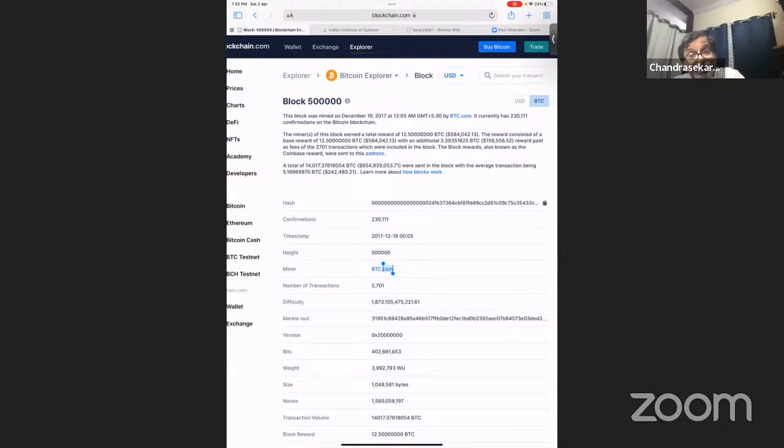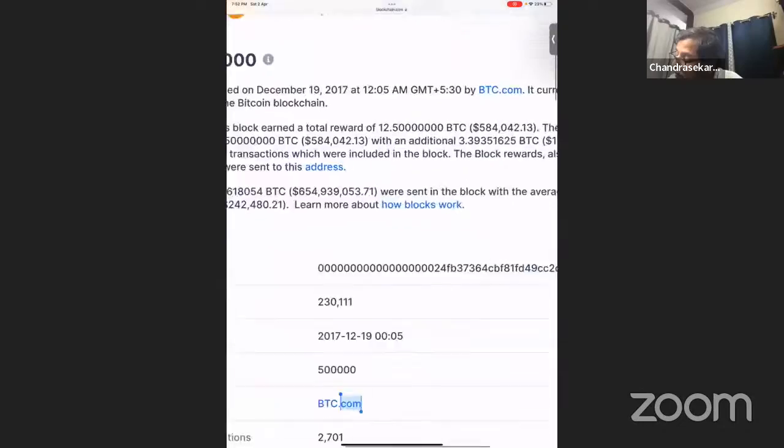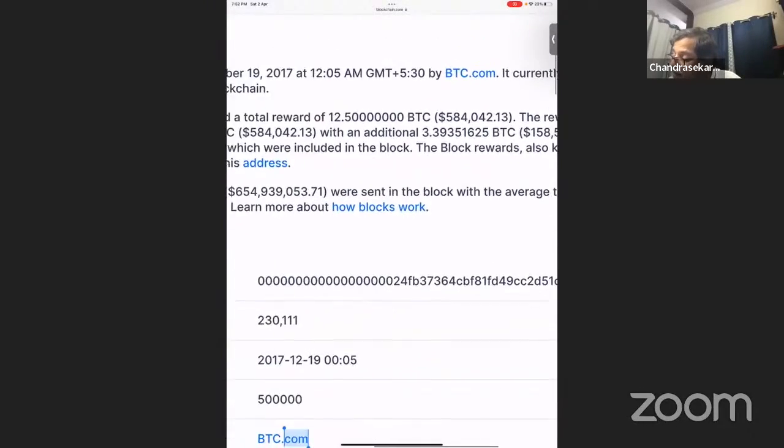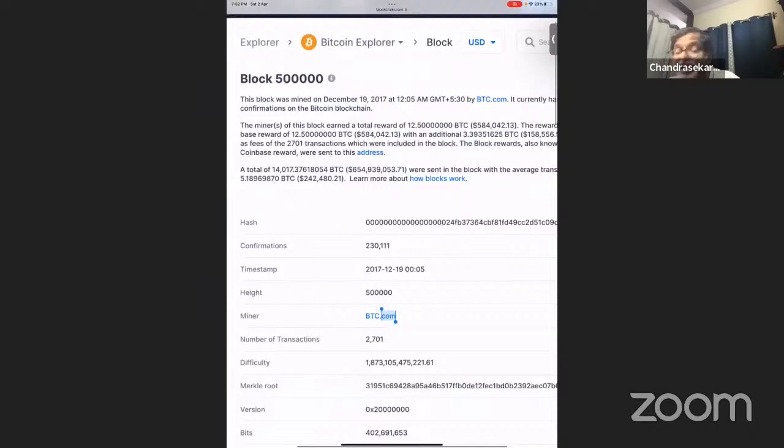With that, the transaction fees will all be added and then given to him. Now he has at his disposal 12.5 plus 3.39. This 12.5 he has, and 3.3935, this much Bitcoin he has earned.